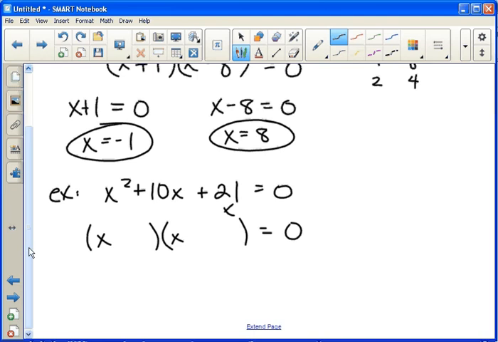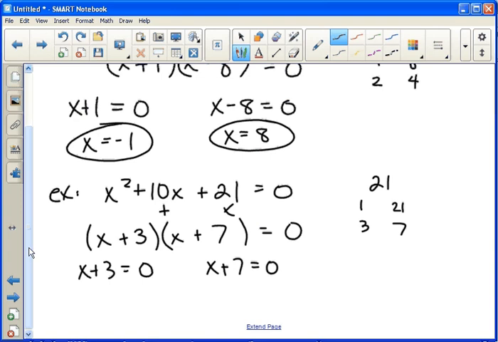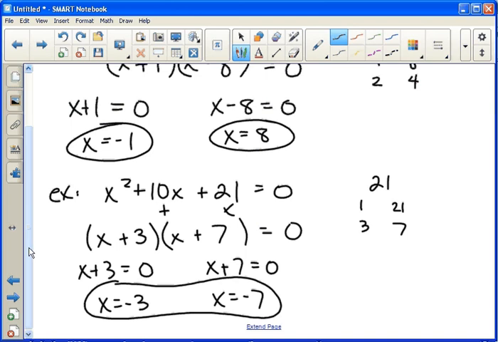So if it helps, come over here and list these out. 1 and 21, 3 and 7, and I believe that's it. So obviously the only way you can add up to 10 is with the 3 and the 7, so you use a positive 3 and a positive 7. So then if you set both of those equal to 0, you just subtract 3 from both sides and subtract 7 from both sides. And that's our two answers.